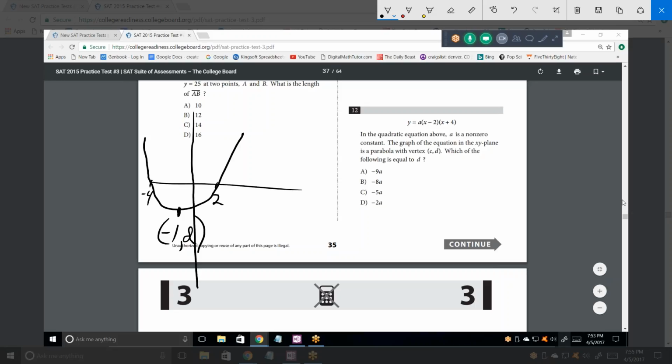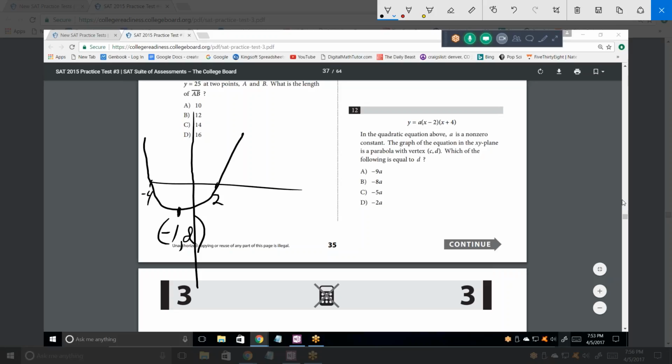Because based on A, the y-coordinate of the vertex would be in a different spot. The x-coordinate of the vertex is always going to be halfway in between the zeros. So what else can we do?